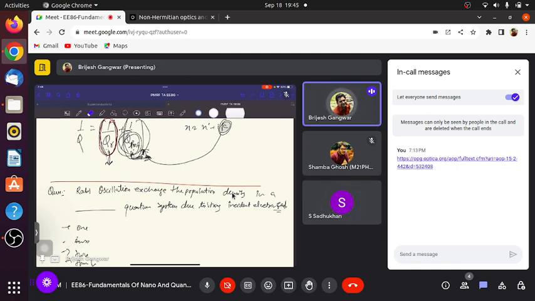Rabi oscillation exchanges the population density in a two-level system, obviously two level, which I talked about, because this is E1 and E2. You are saying here a strong incident electric field.